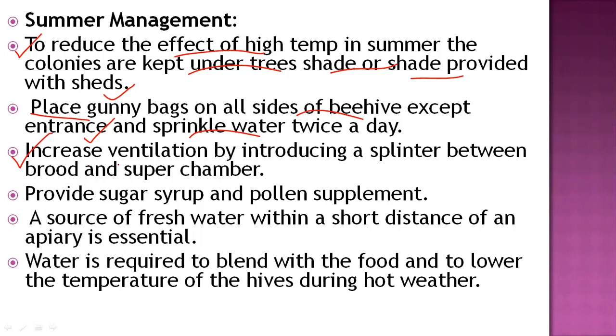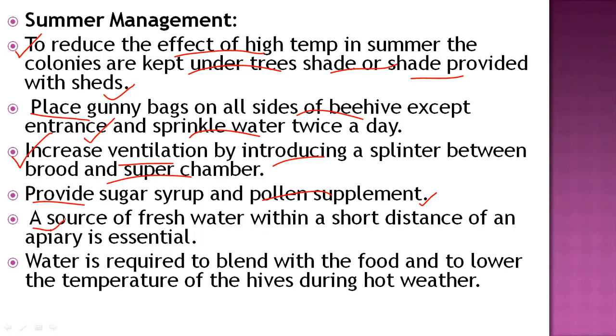Increase ventilation for proper aeration, and introduce a splinter between the brood and super chamber to give a proper cooling environment inside these two chambers. If available, give them sugar syrup or pollen supplement, as additional food and to make provision for honey.